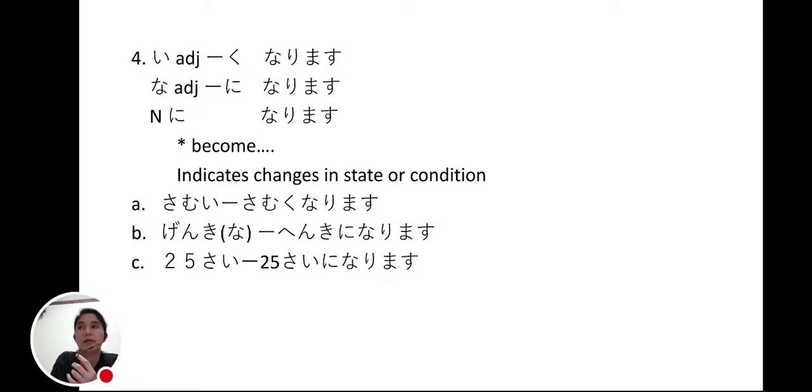What else? For example, the weather. Atsuku narimasu.